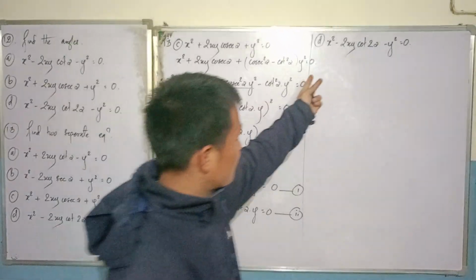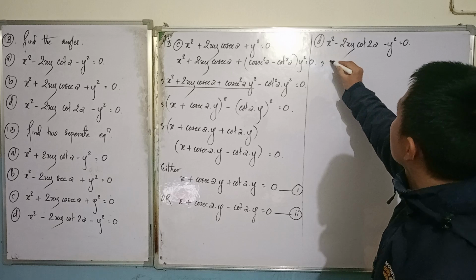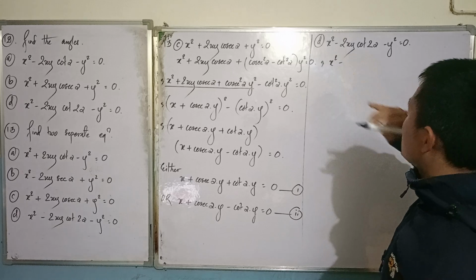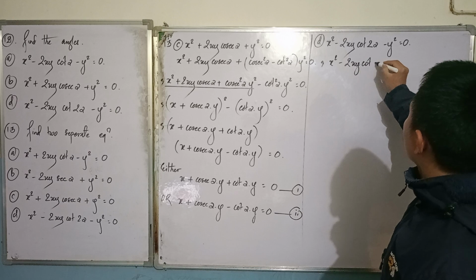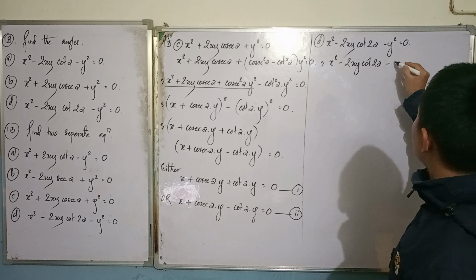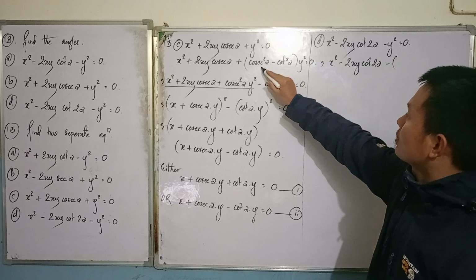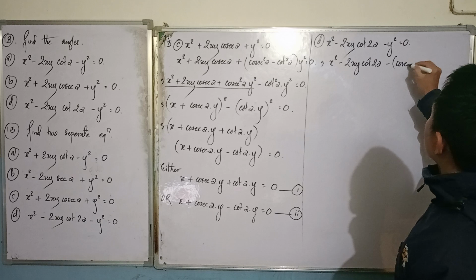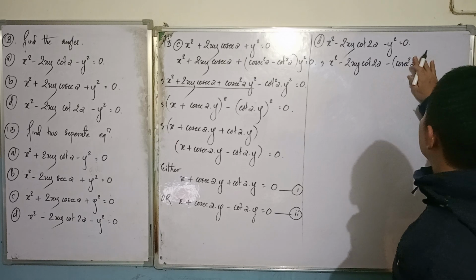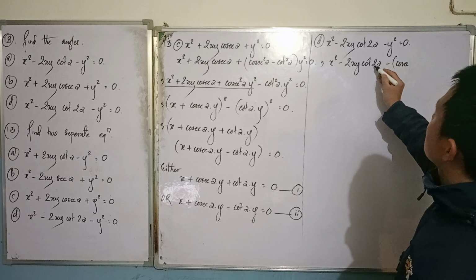So similarly, just like that, this also is x squared minus 2xy cot 2 alpha minus, this can be written as cot is connected with cosec square alpha. So here it is 2 alpha, okay? So you have to write the angle 2 alpha because here it is 2 alpha.